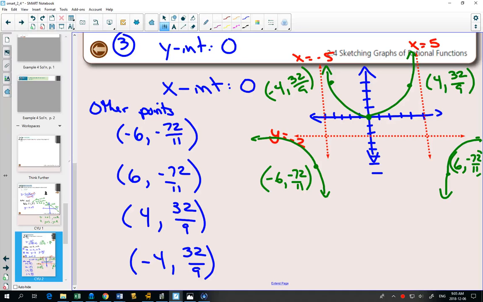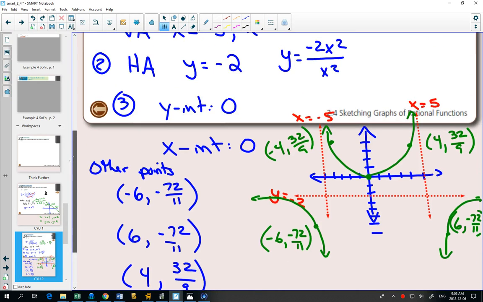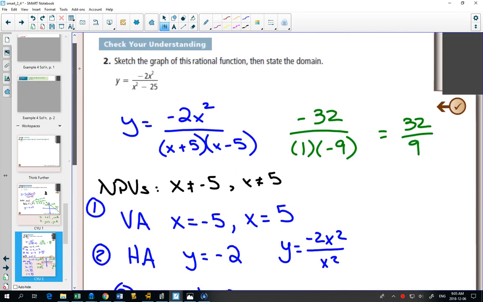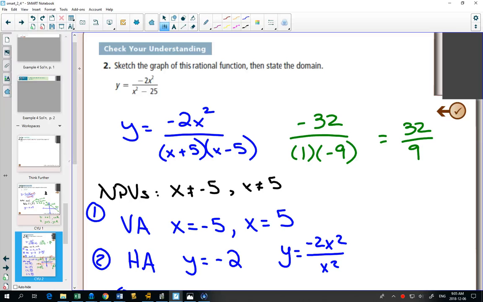Or is there something in the equation? Yes, Taryn? The x's are squared. If we go back to the simplified equation before we factored it, we have x squared on the top and x squared on the bottom, no other x's. What happens when you square a positive number and square a negative number? They end up being the same thing. So it should be symmetrical on the positive side and the negative side.